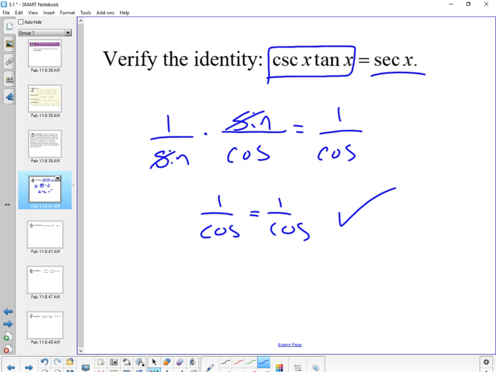I do want to point this out, people. One thing that took me a long time to understand was that there's more than one way to do these. These are almost like little riddle puzzles. It takes some people a little longer to get there, but you get there eventually.